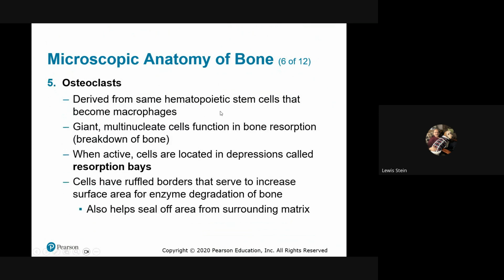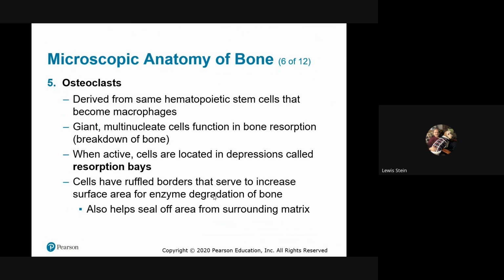And the osteoclasts, macrophages, we call them giant cells because it's really a multicellular unit would be the best way to describe that. Multinucleate means there's a whole bunch of nuclei that have fused into one. They're called resorption bays. They have a ruffled border. That's all about surface area. And they secrete enzymes that degrade the bone.